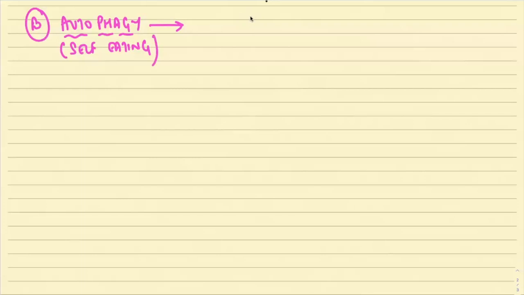Autophagy is a mechanism of survival. Whenever there is cellular stress or a condition of nutrient deprivation, our cells are going to eat their own parts so that they can survive and produce energy. This is what happens normally.